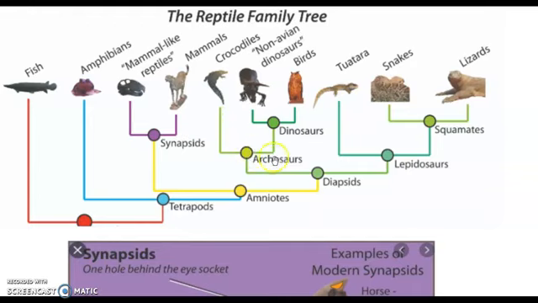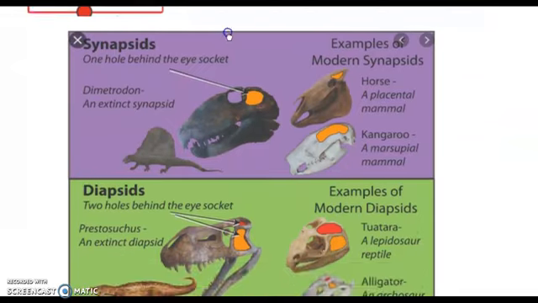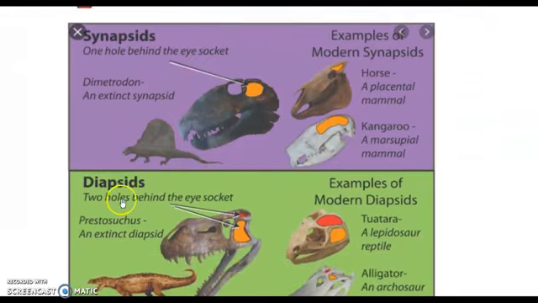Archosaurs came in the Permian times, same as synapsids. From these synapsids, mammals evolved, like humans, all the mammals, placental mammals, you can say. Mammal-like reptiles were there in the Permian times, and we will talk about them later. So what is the difference between synapsids and diapsids?